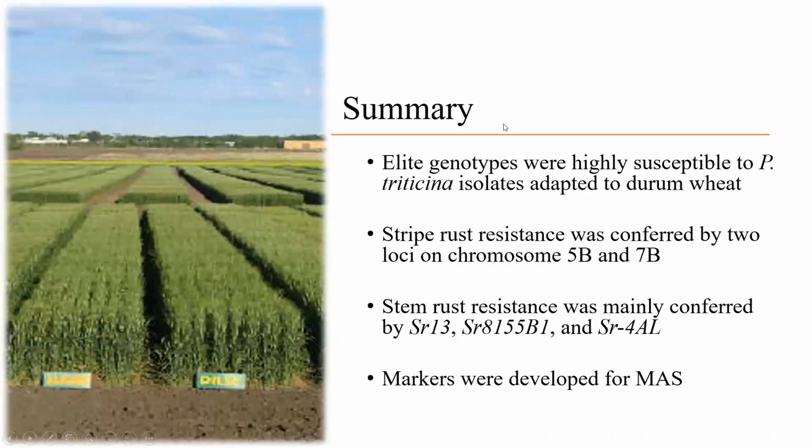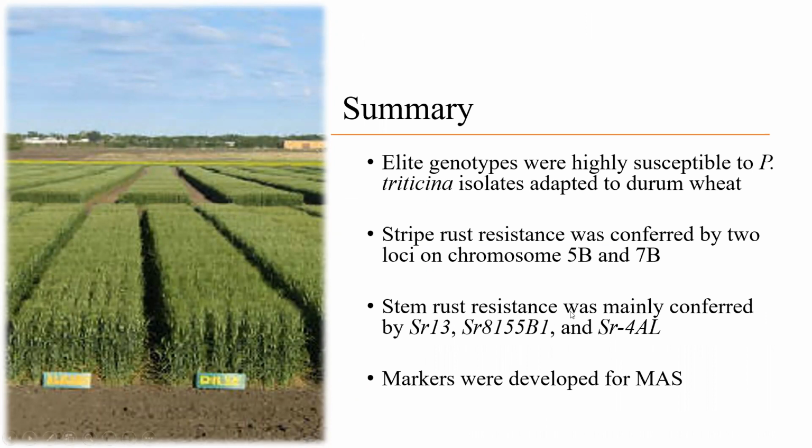In summary, for this part, we identified elite genotypes that were highly susceptible to isolates that are adapted to durum. For stripe rust, we have a good level of resistance, but it was conferred by only 2 loci, one on chromosome 5BL and the other on 7BL.